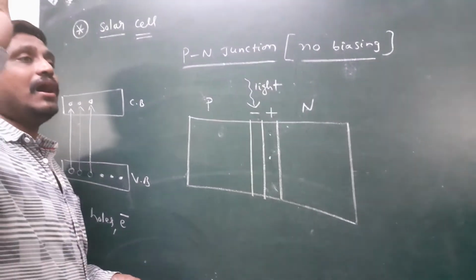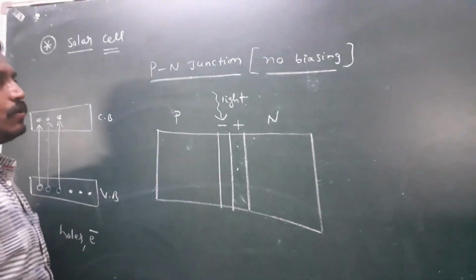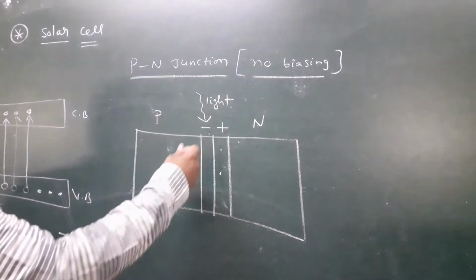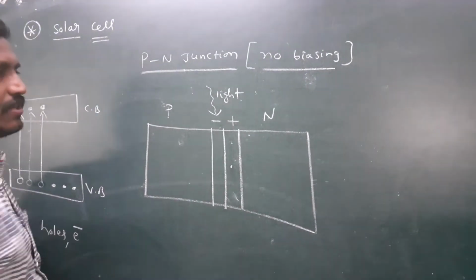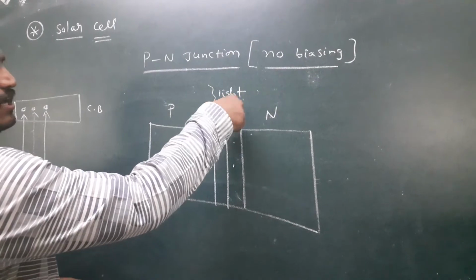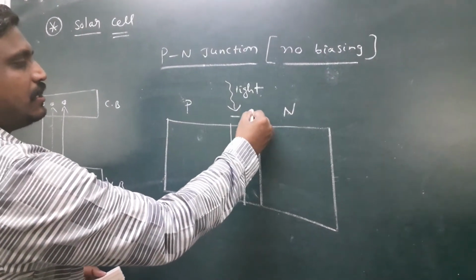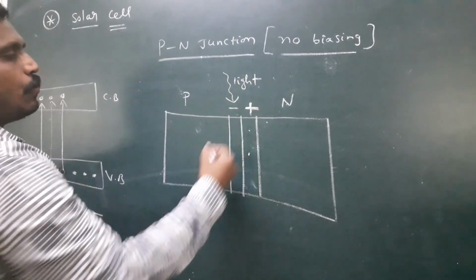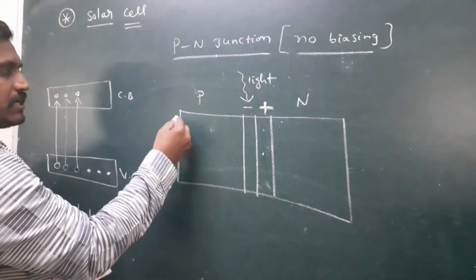But on the depletion region, a pseudo battery is there, which is called the potential barrier. Here, all holes, this is the plus. Plus means positive, holes are also positive, so this plus repels them.